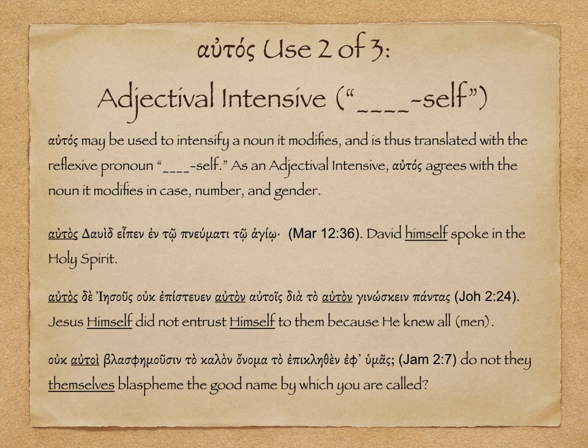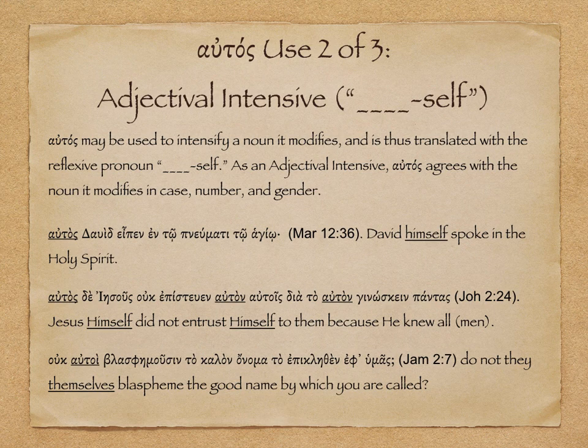The first one especially: Jesus himself did not entrust himself to them because he knew all men. We could say he himself, in a sense, though it wouldn't be necessary. But especially with the first instance, Jesus himself did not entrust himself to them.